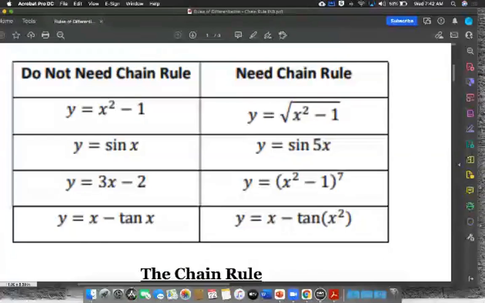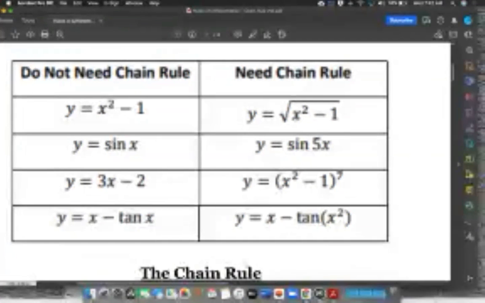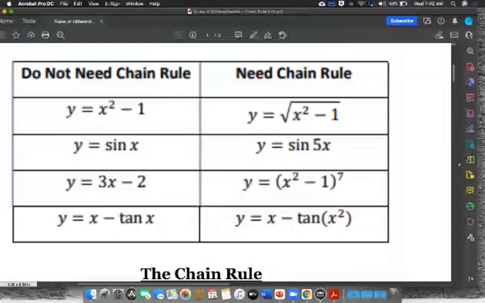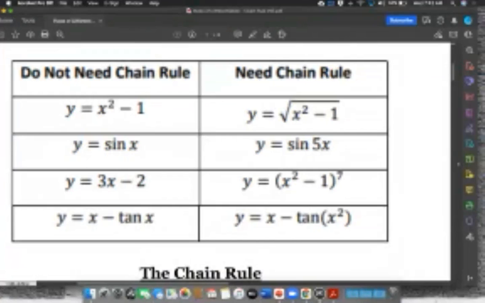This guy is kind of like the first one, but you see that it's got a 7th power. A subtle little difference. So these we're going to need to use the chain rule. These right here, the left side, we don't. You could do each of these right now. So the key today is when do we need to use the chain rule and when can I use one of my old rules?